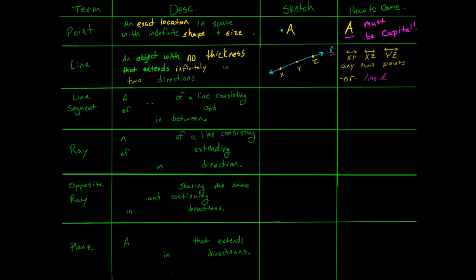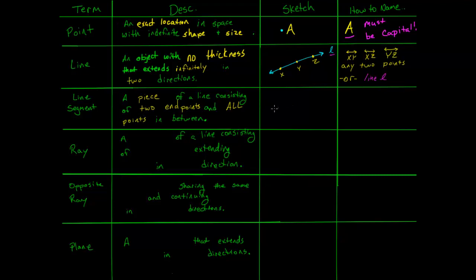So now let's look at the line segment. Next definition, next term, line segment is a piece of a line consisting of 2 endpoints. It consists of 2 endpoints and all points in between.